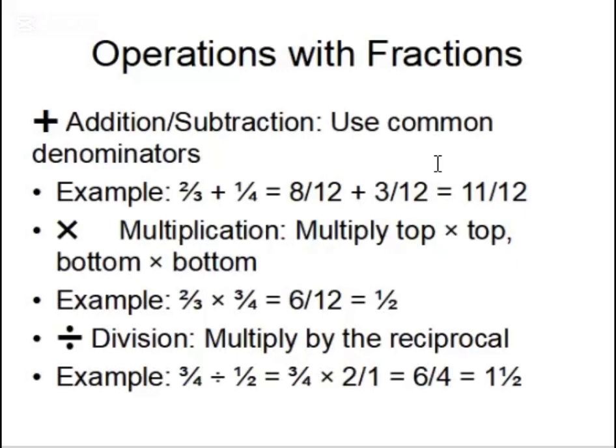And on division, we multiply by the reciprocal. The second number we write as a reciprocal. If it is a half, we write it as 2 over 1. So for example, 3 over 4 divided by a half will be 3 over 4 times 2 over 1.